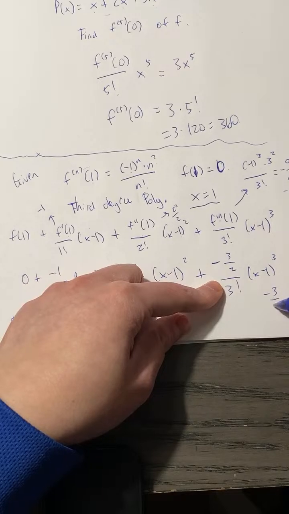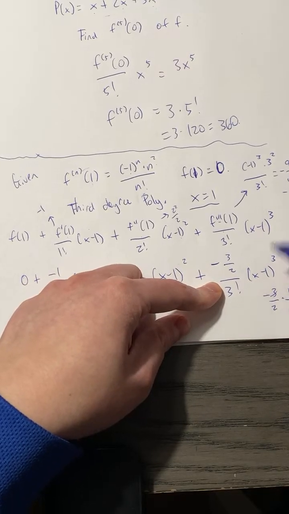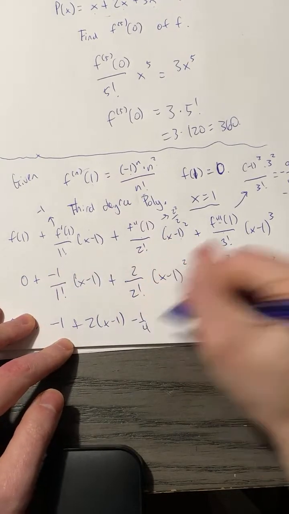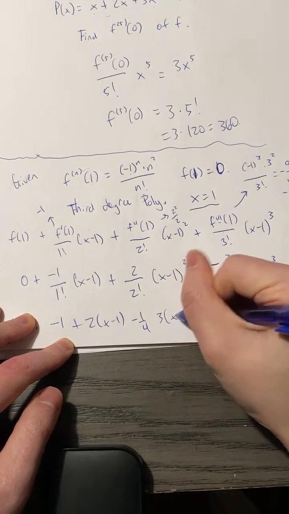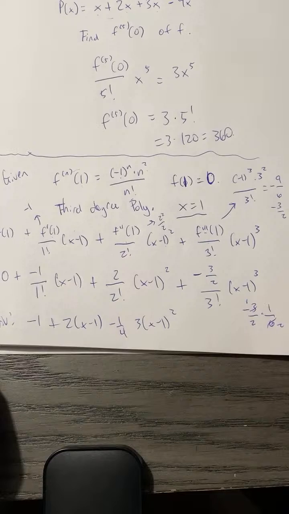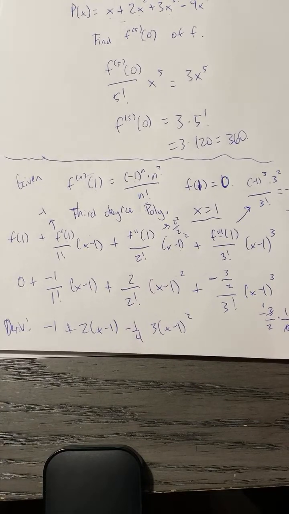But we're dividing it, so it'll be 1 over 6. These will cancel. So I think this is negative 1/4. And then we do power rule. So it's 3 times x minus 1 squared. So again, simplification is sort of arbitrary, to be honest. But it makes your life easier if you have to take a derivative or an integral or even plug in. So hopefully that made sense.